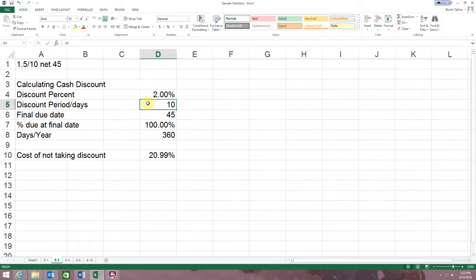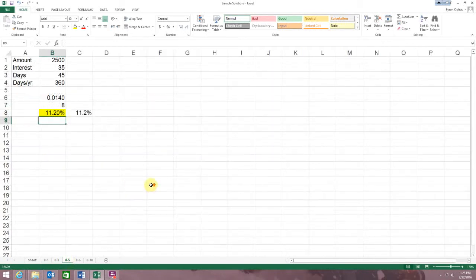I think that's coming up actually when we'll be talking about cost of capital, and that's really what we would use. If our cost of capital is less than the discount rate, then we should borrow money in that case in order to go ahead and take advantage of the discount. So there's your answer for that one as well.